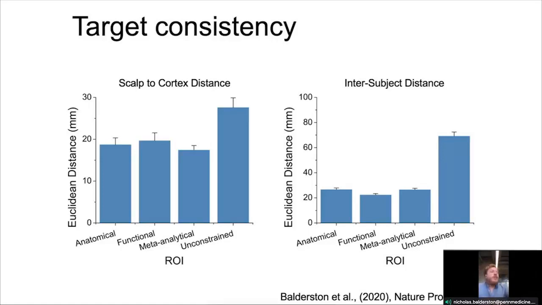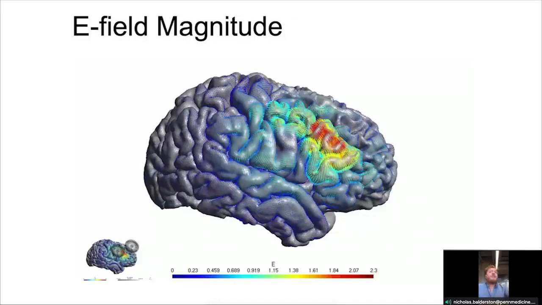Some of the previous speakers have talked a lot about orientation, and what you can see from this animation is that the orientation not only affects the spatial distribution of the E-field model, but also the strength of the E-field at the site of stimulation.